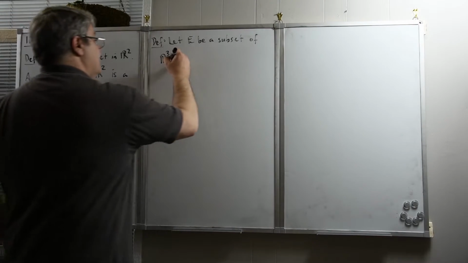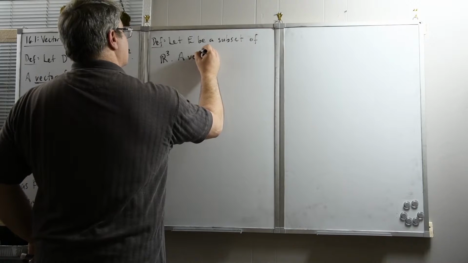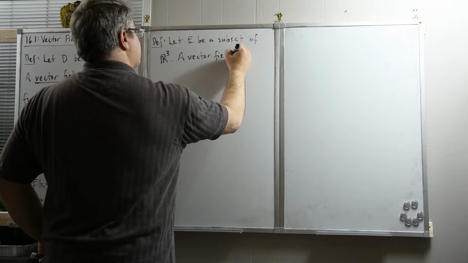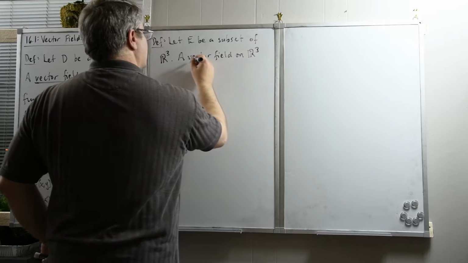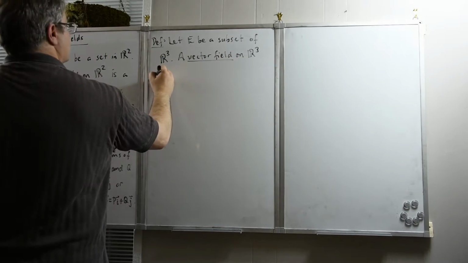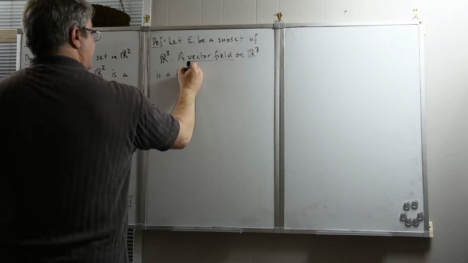Then a vector field on R3 is a function we're going to call F again.